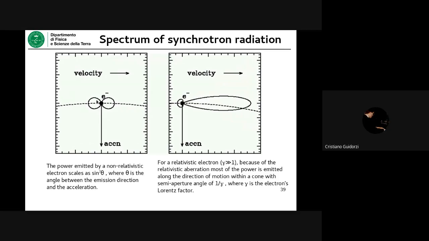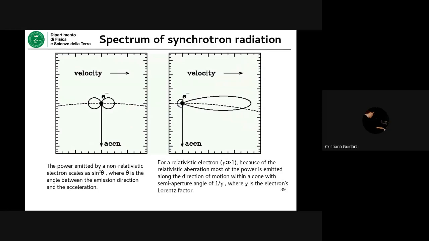We saw that the pattern as a function of direction is just sine squared, where the angle is the angle between the acceleration and the line of sight of the observer.